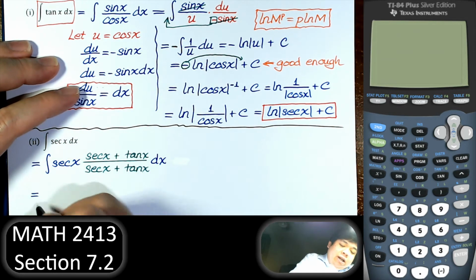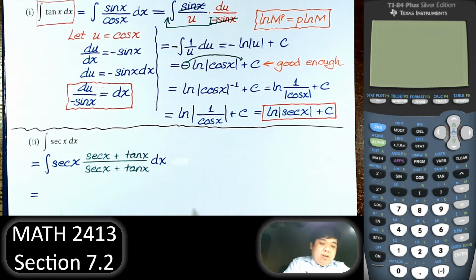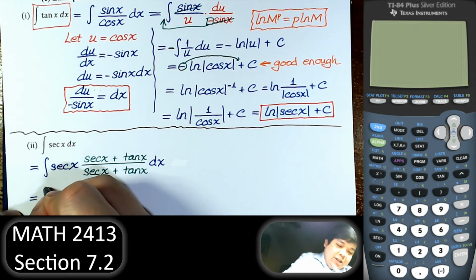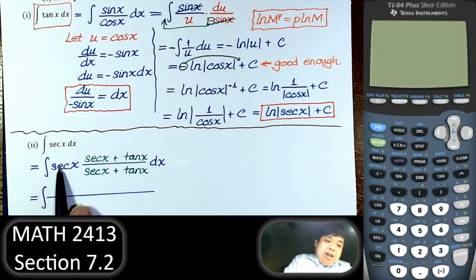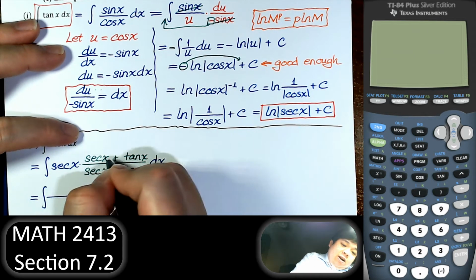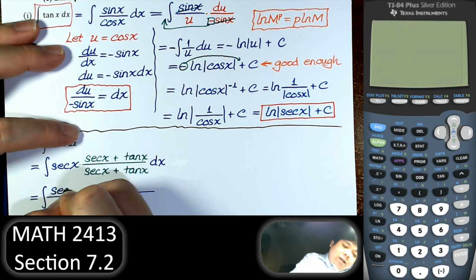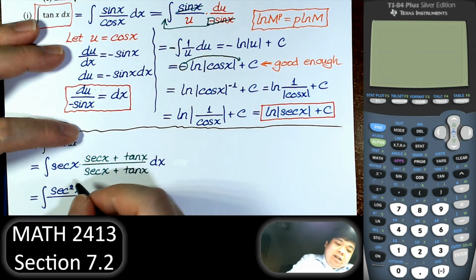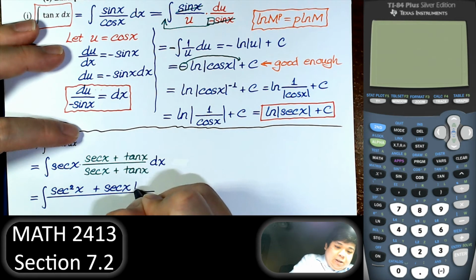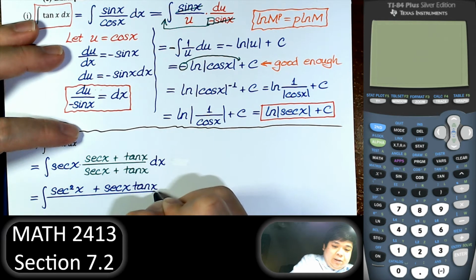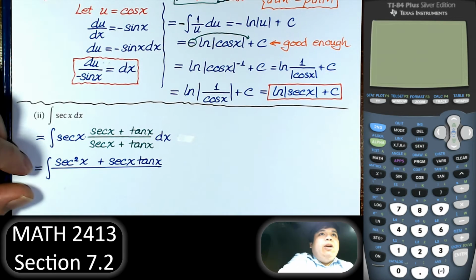Now, I multiply the secant on the top. Secant times secant on the top gives us secant squared, and then secant tangent. Right?